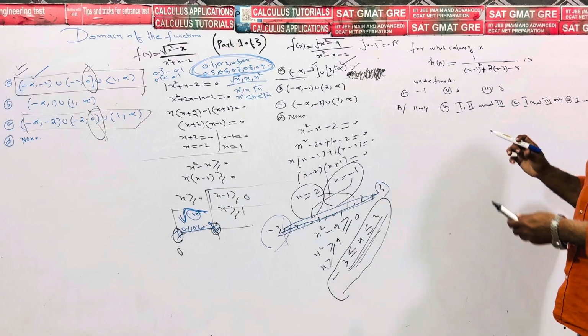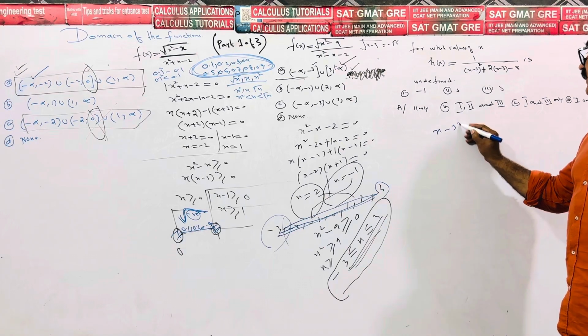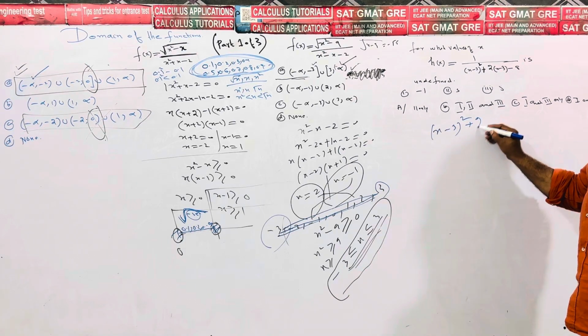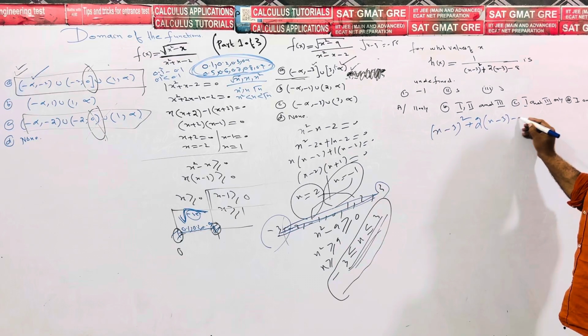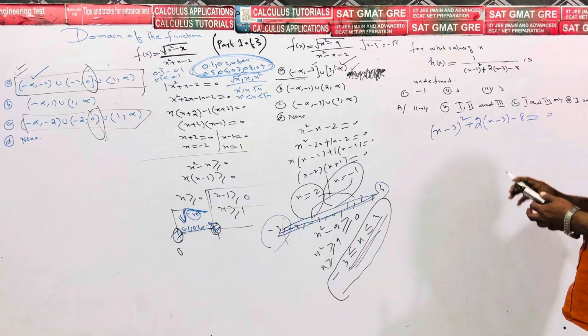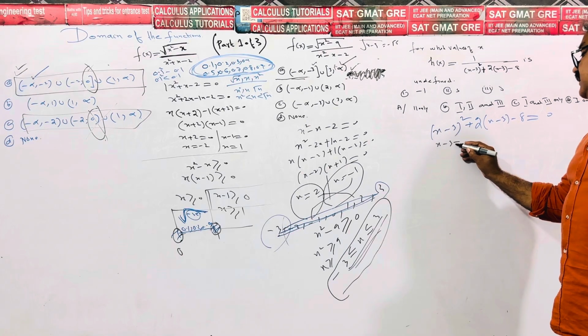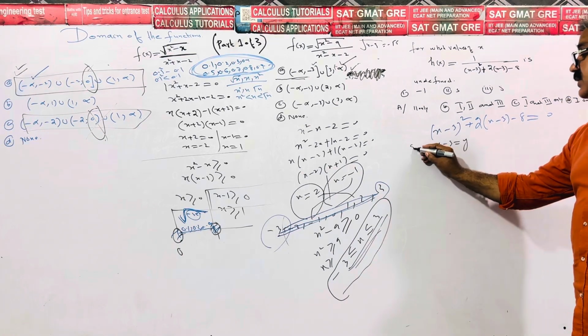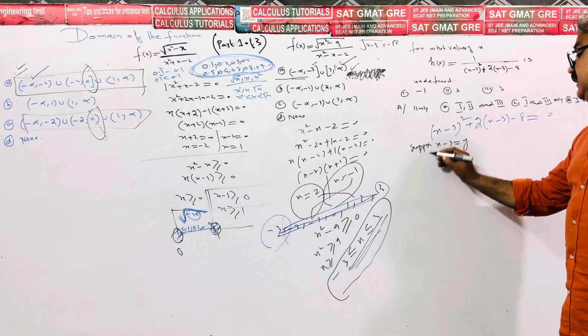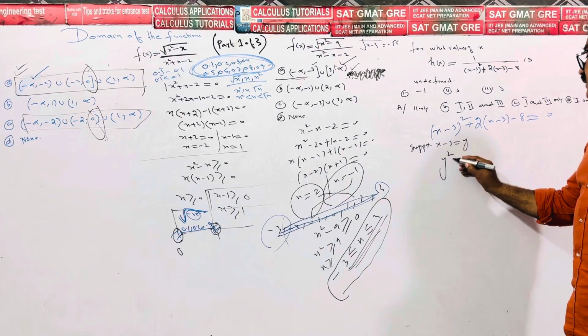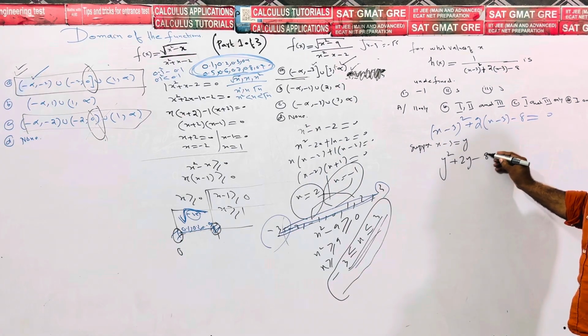Set (x minus 3) whole squared plus 2 times (x minus 3) minus 8 equal to 0. In order to facilitate our work, suppose x minus 3 is equal to y. It becomes y squared plus 2y minus 8 equal to 0.